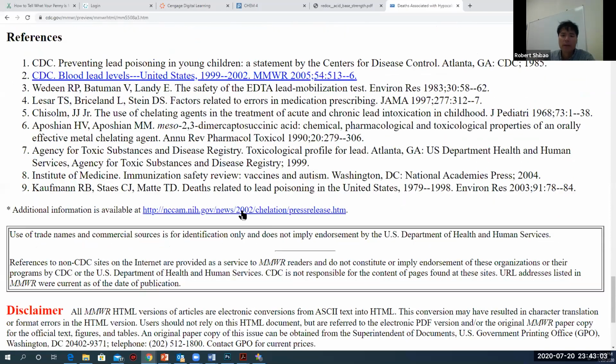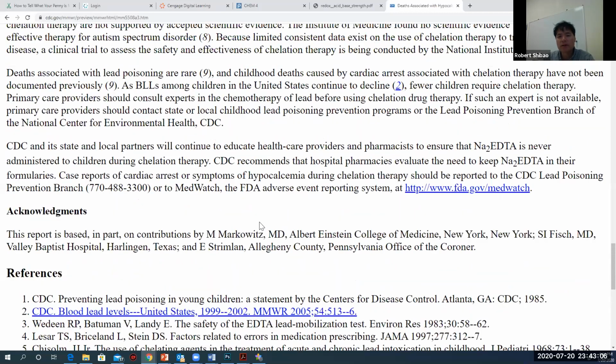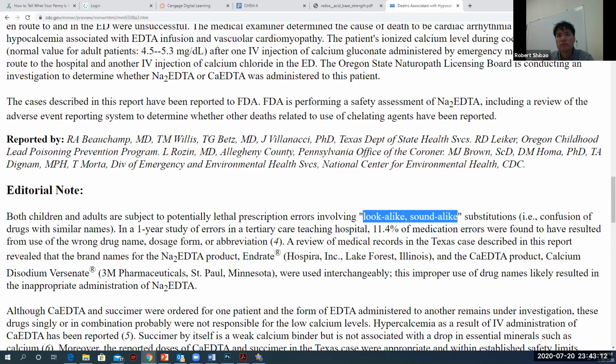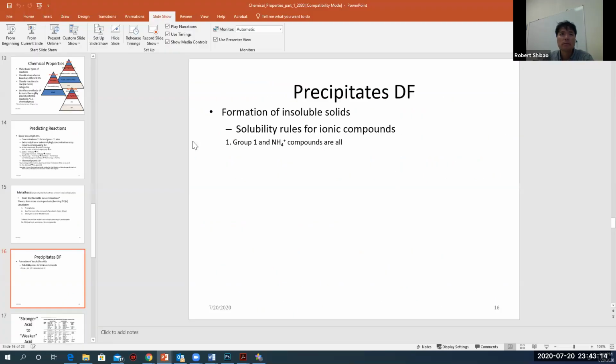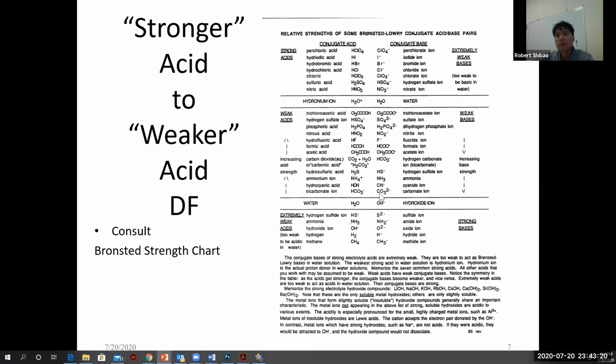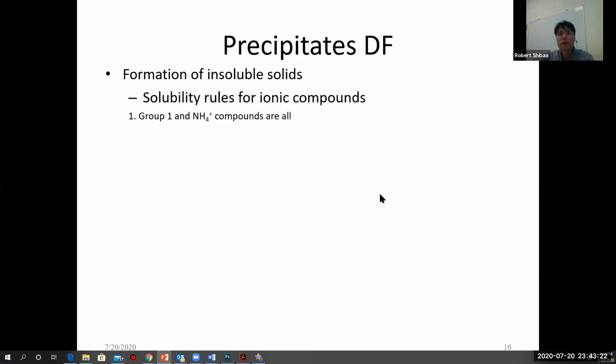Okay. But, you know, to a chemist, sodium hydroxide versus magnesium hydroxide, there's a world of difference in those two. So there's some stuff on solubility.